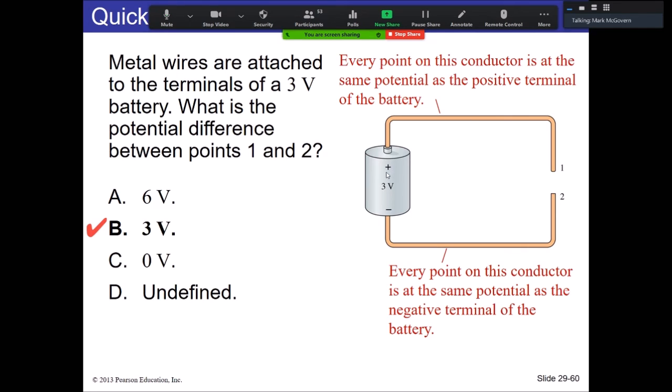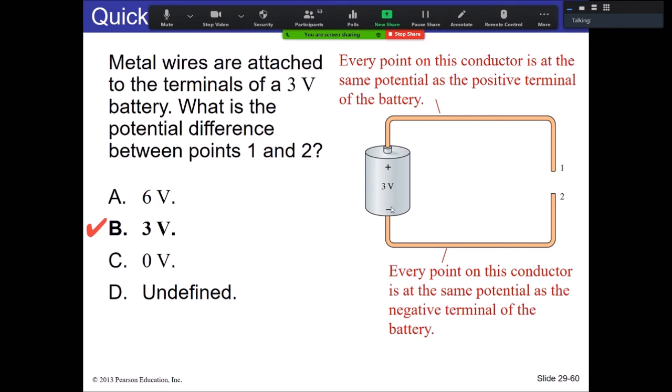So here's what's going on here. The battery produces a 3-volt potential difference across it. The top, the positive terminal of this battery, and the wire are a conductor. That is one long continuous conductor. That means the potential is the same all along this. At the bottom here, there's a negative terminal. The negative and positive terminals are not connected to each other.